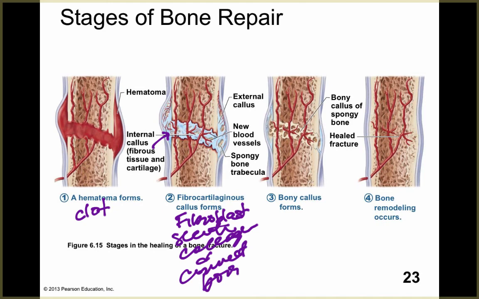And that helps to form that beginning area that can then be replaced later by spongy bone. So this is basically forming from cartilage, this fibrocartilaginous callus. This happens in about 3 to 4 weeks.